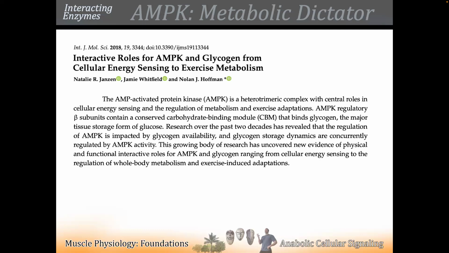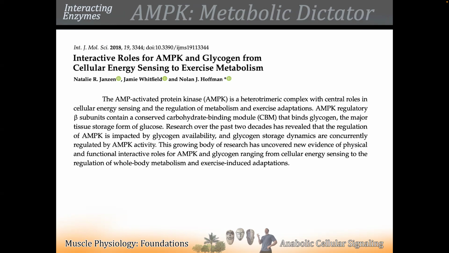And then getting into the other subunit, the beta subunit, that's where glycogen binds. And part of AMPK's role is to take up carbohydrates through GLUT4 translocation. That's what insulin would do. The insulin's main function: let's get carbs into the cell. AMPK is going to do this too.